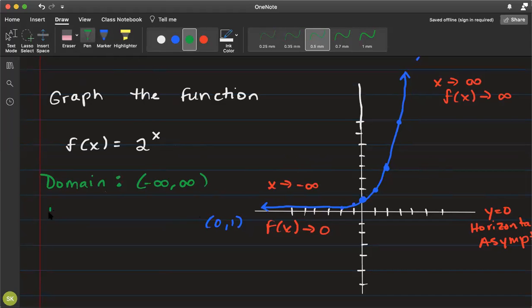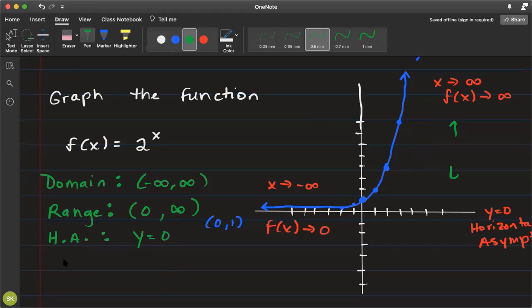As for the range, remember range is how far up and down you go. This graph obviously goes up forever, so it goes towards infinity. But when we go towards 0, we actually don't hit 0 because this is an asymptote. So the range is from 0 to infinity. So we have a horizontal asymptote at y is equal to 0.